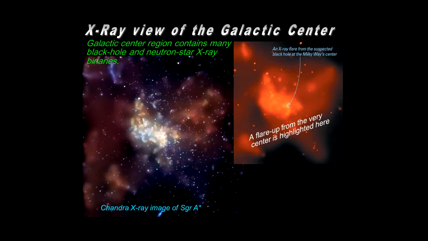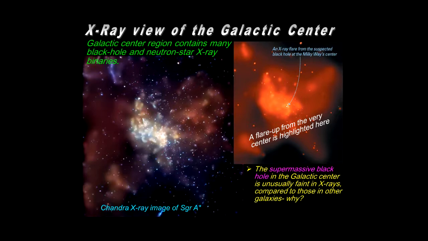So even though it may not look all that impressive, nevertheless, it's something to take note of. In terms of X-ray activity, the supermassive black hole is kind of a weakling in comparison to other galaxies.